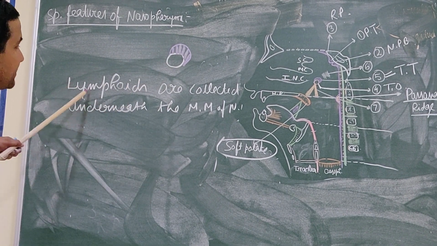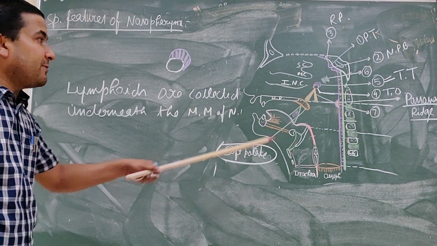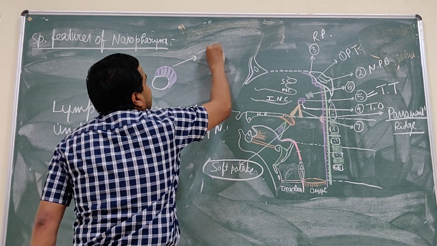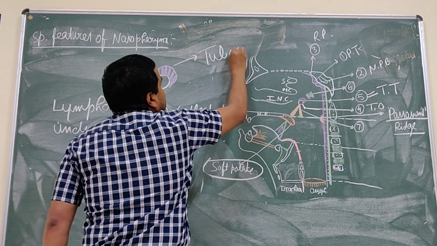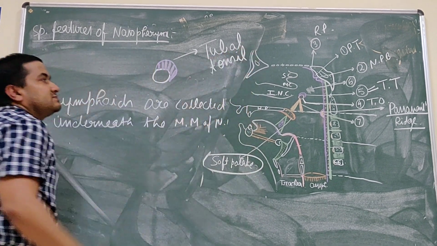There is a collection of lymphoid tissue underneath the mucous membrane, and this forms the tonsil known as the tubal tonsil.